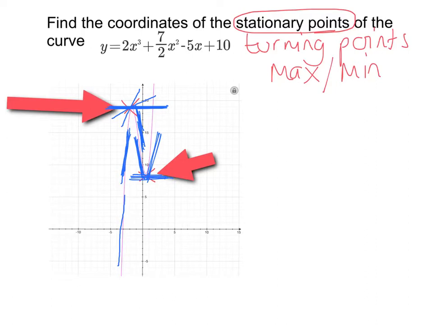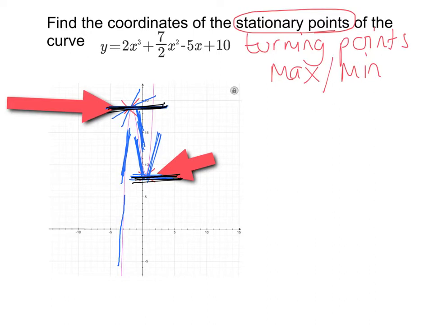Okay, but what's happening at the precise part of the turning point? At the precise part of the turning point, can you see on here, at each bit of the turning point, the gradient is completely flat, it's completely horizontal. So it's not a positive gradient, it's not a negative gradient, it's a gradient of 0.